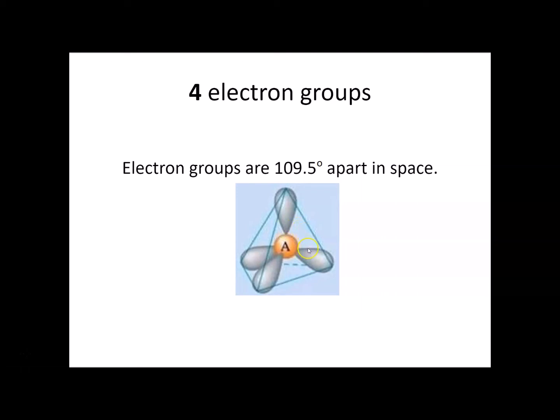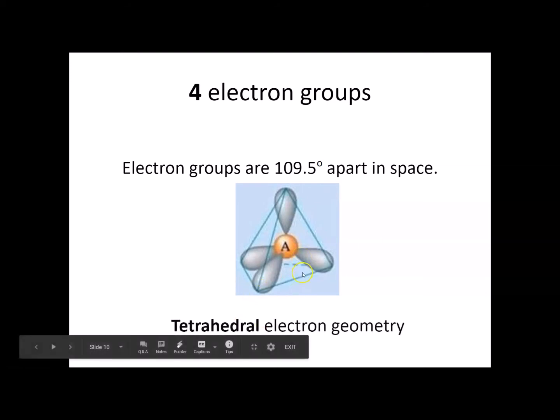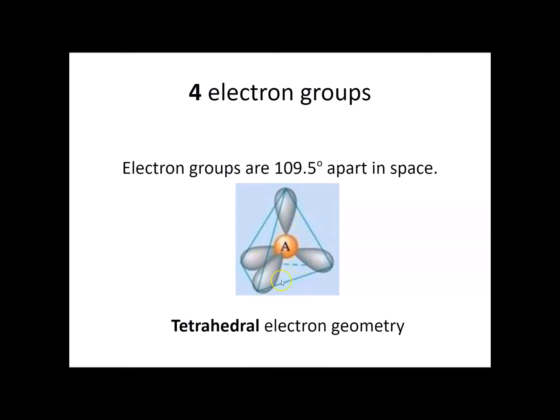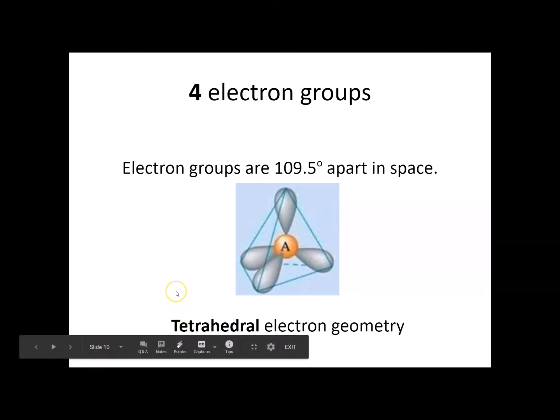Well, it just so happens that that is a 109.5 degree bond angle separation. And the shape that results, if you can imagine the electron groups pointing to the vertices of this shape, you get what's called a tetrahedron.